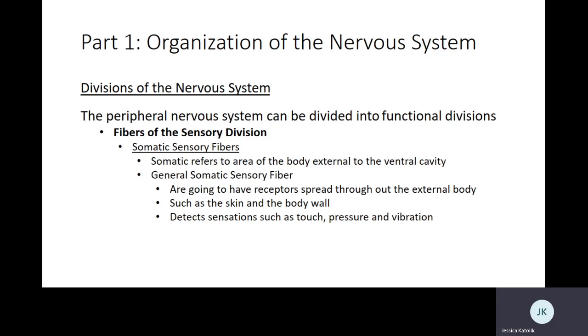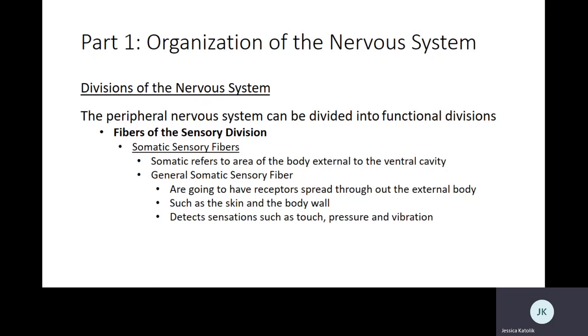We're going to divide these nerve fibers based on the areas that they innervate, so we're going to look at two terms, somatic versus visceral. Somatic refers to nerve fibers that innervate anything external to the ventral cavity, things such as the skin, the muscle, the joints. These are all somatic sensory fibers innervating these areas.